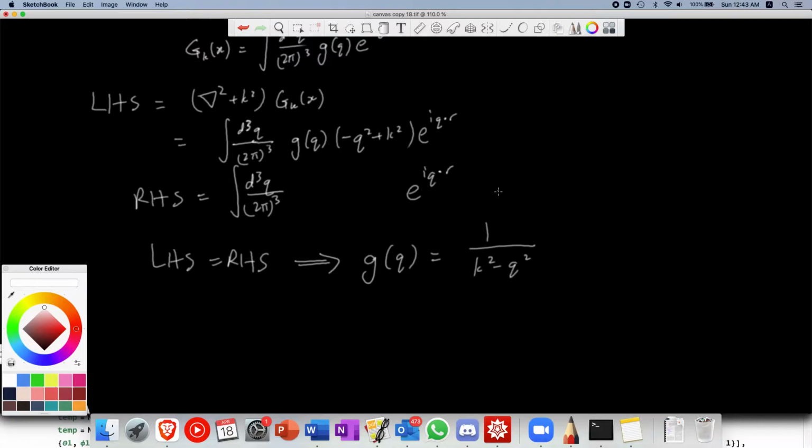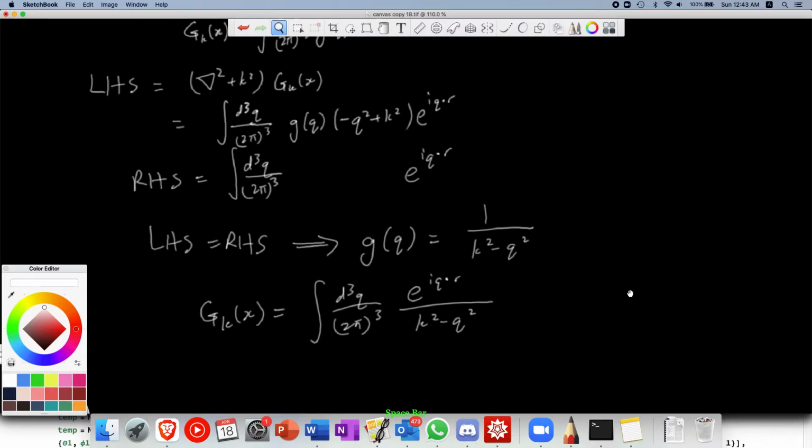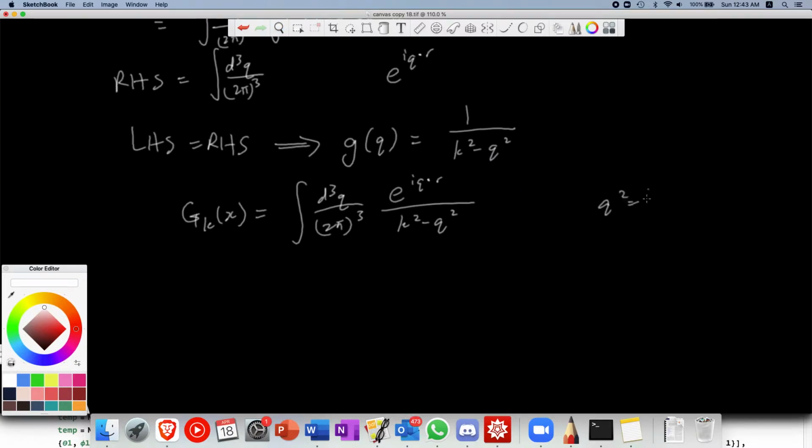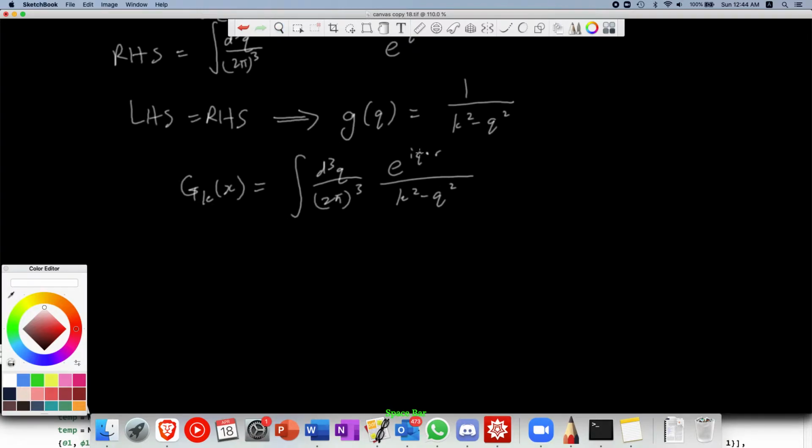So when we try to do the integral, G_k of x is given by the integral of e to the power of iq dot r over k squared minus q squared. When we do this integral over q, for some values of q where q squared equals k squared, this hits a problem. So we need to choose a contour.